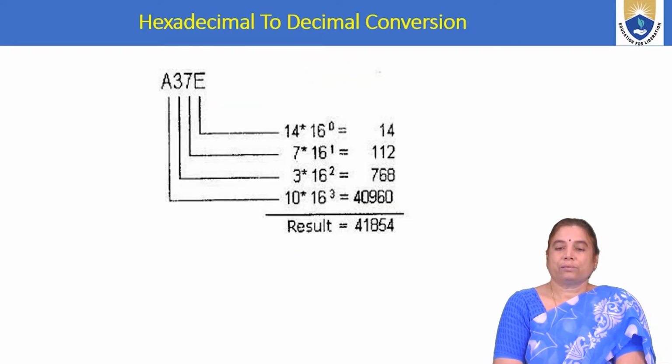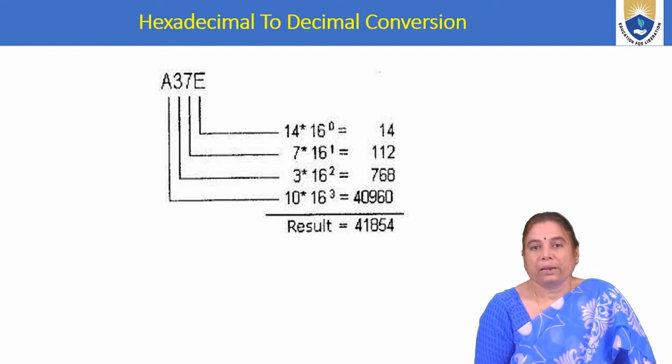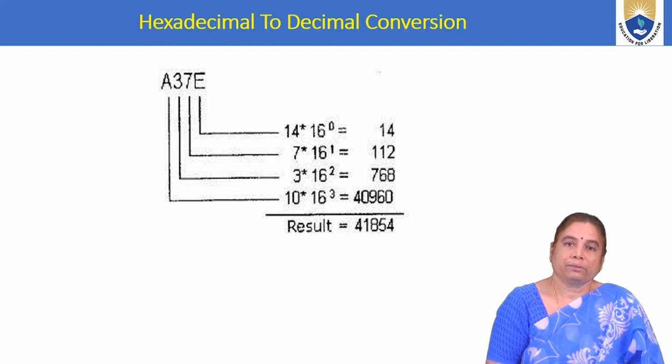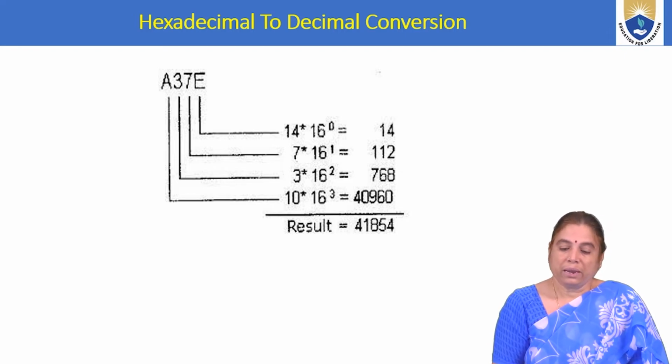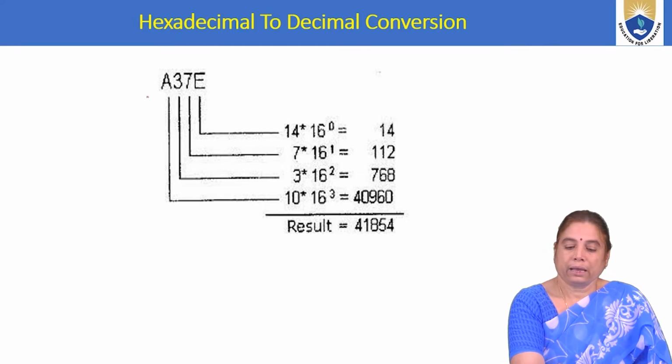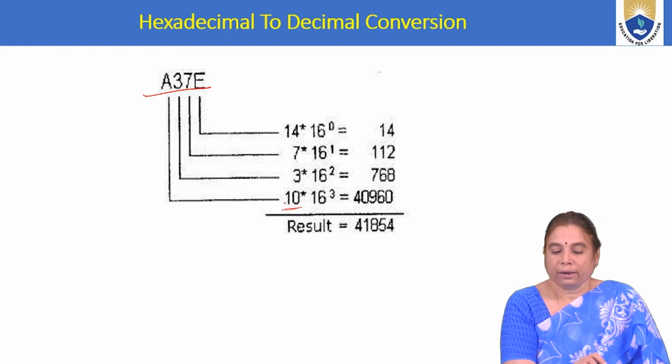Next, hexadecimal to decimal conversion. So here, to represent the total 16 symbols, 0 to 9 are the digits, and the remaining are the letters A to F. So consider a hexadecimal number. Here E is 14, and 7, 3, and A has the value 10.